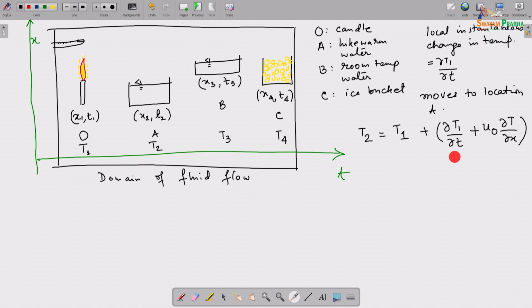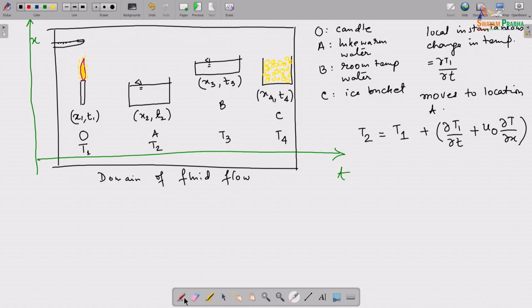And then I moved to another location, which is A, due to which I had a change in temperature, which is due to the movement in x direction in space. So, therefore, del T del x, and this was happening at a speed which is u naught. What is u naught? U naught is essentially the speed at which heat is transferring. It is the velocity of heat flow.